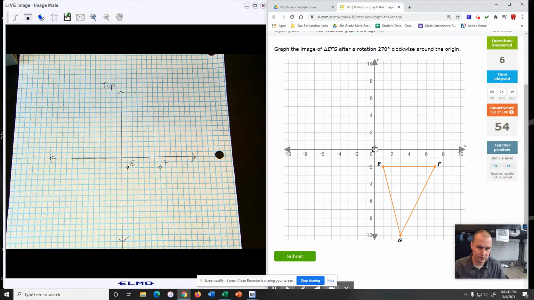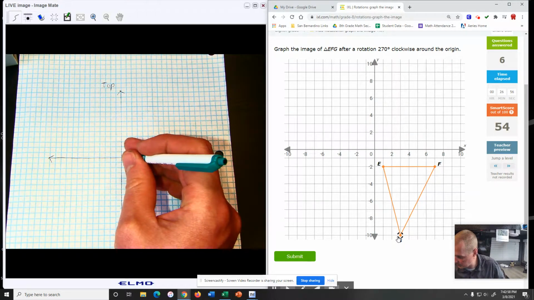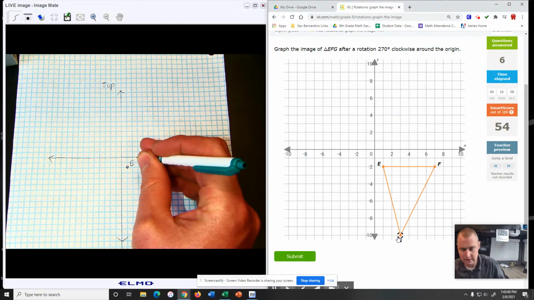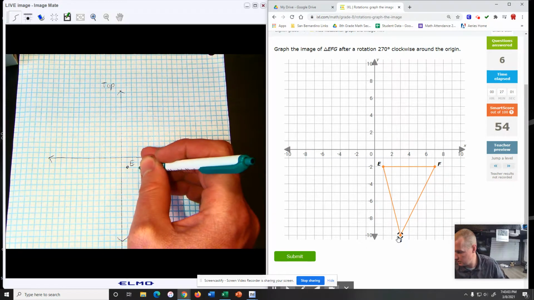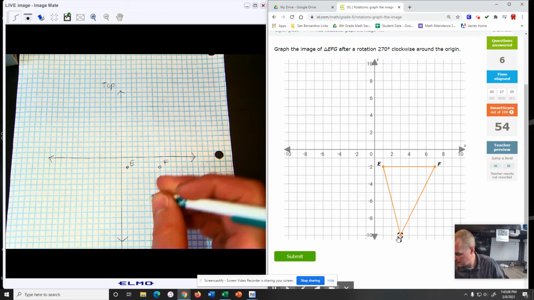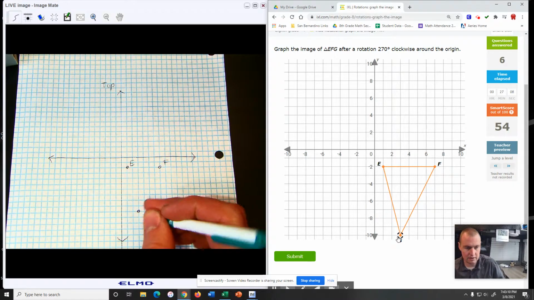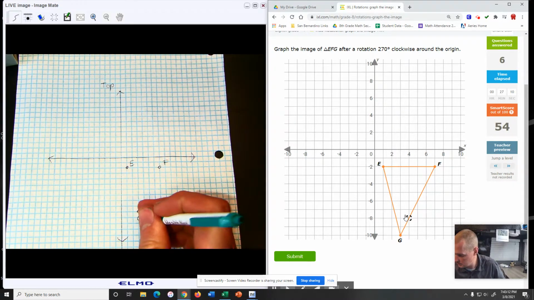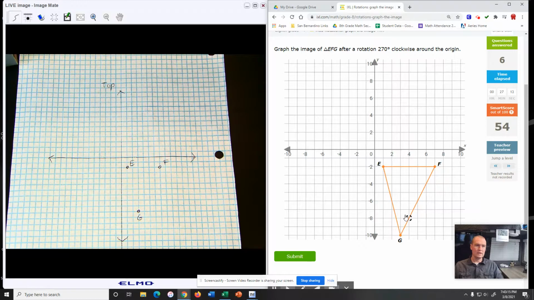And G, to the right, 1, 2, 3, because I'm directly above it, and down -10, -1, -2, -3, -4, -5, -6, -7, -8, -9, and -10. Match it on the graph paper. Here we go. To the right 3, 1, 2, 3, down 10, -1, -2, -3, -4, -5, -6, -7, -8, -9, and -10 is G. Okay, connect them in that order.